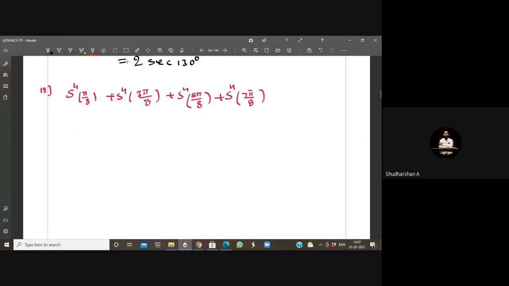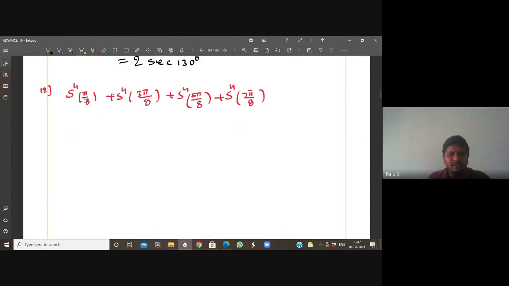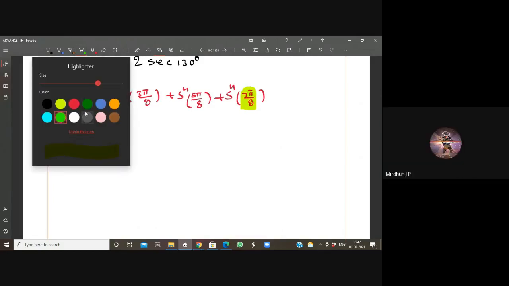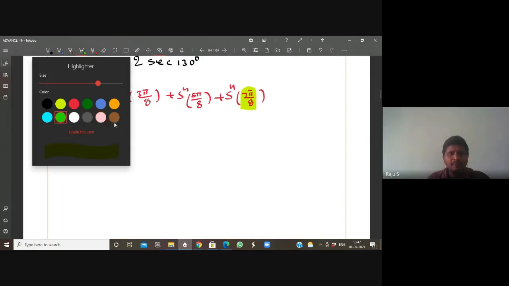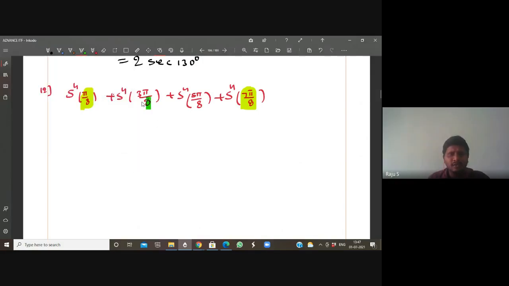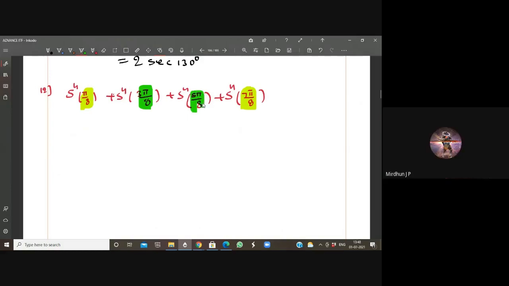See here, if you observe, if I add these two angles, what is the result? Pi. Yes, pi. If I add these two, 3 pi by 8 and 5 pi by 8, again pi only, sir.